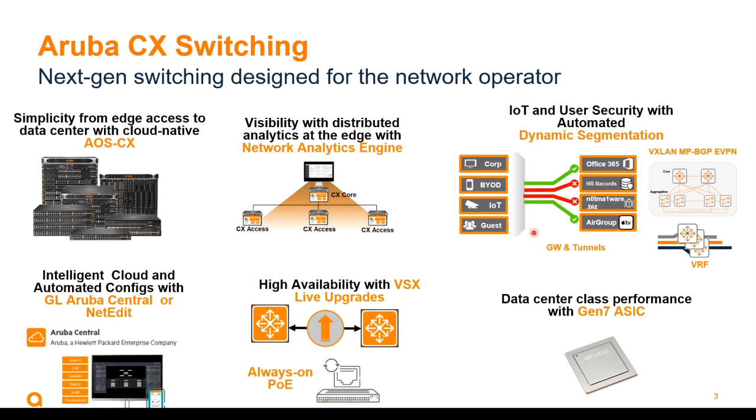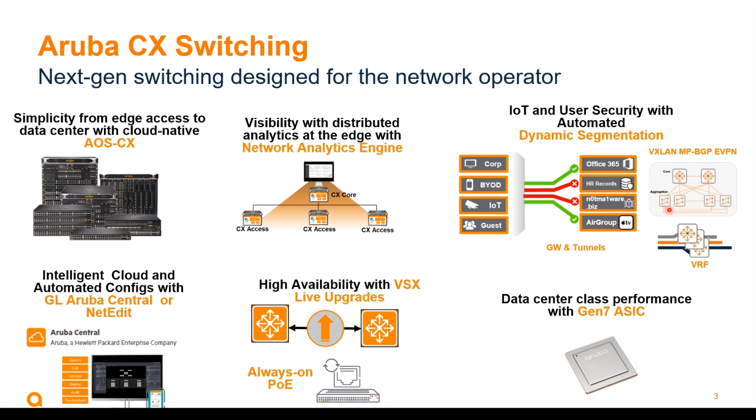Then we have dynamic segmentation, providing an abstraction layer away from VLANs and IP, being a policy-based solution using user roles, where we have a north-south common policy for enforcement and overlay, with ClearPass Policy Manager and our Aruba gateways for policy enforcement.